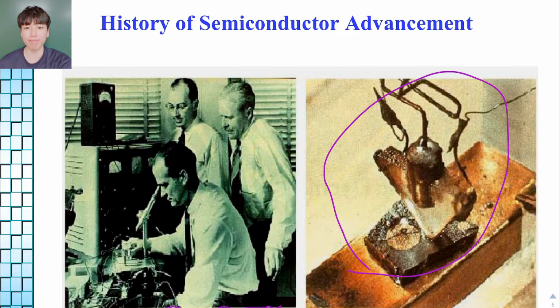It's too big, but this concept is very important. At this time, nobody was interested in the transistor, but as time goes by, nowadays the transistor is the most important component in the world.